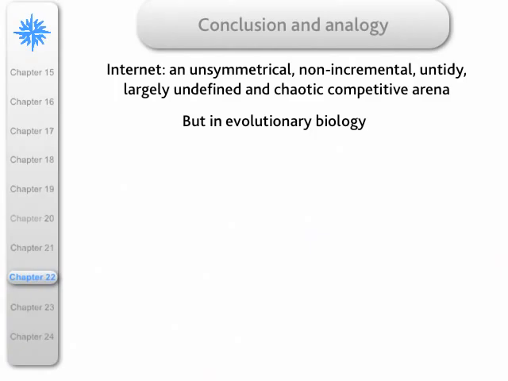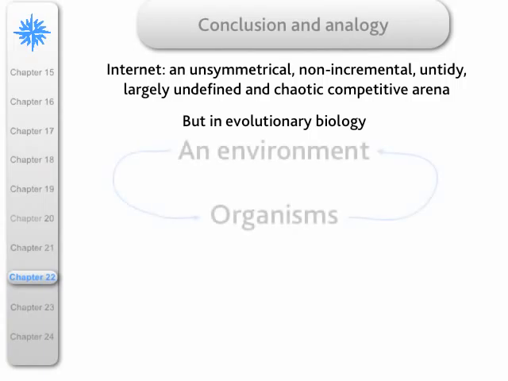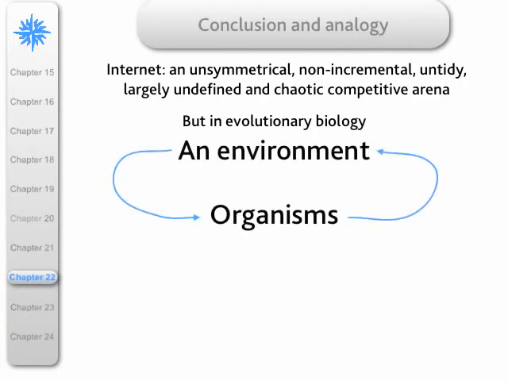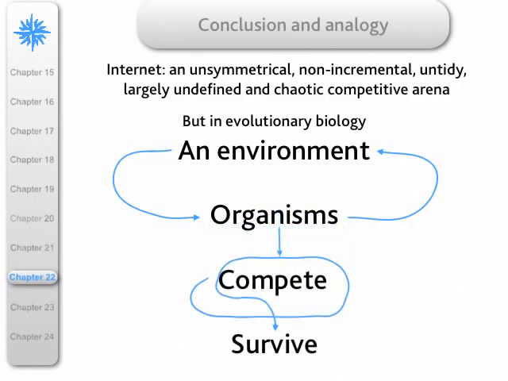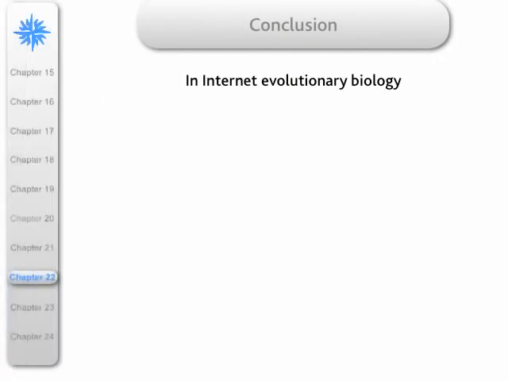This is my conclusion. The internet is an unsymmetrical, non-incremental, untidy, largely undefined and chaotic competitive arena. But in evolutionary biology, we now understand that organisms and the environment interact and compete, and the winning organisms survive.